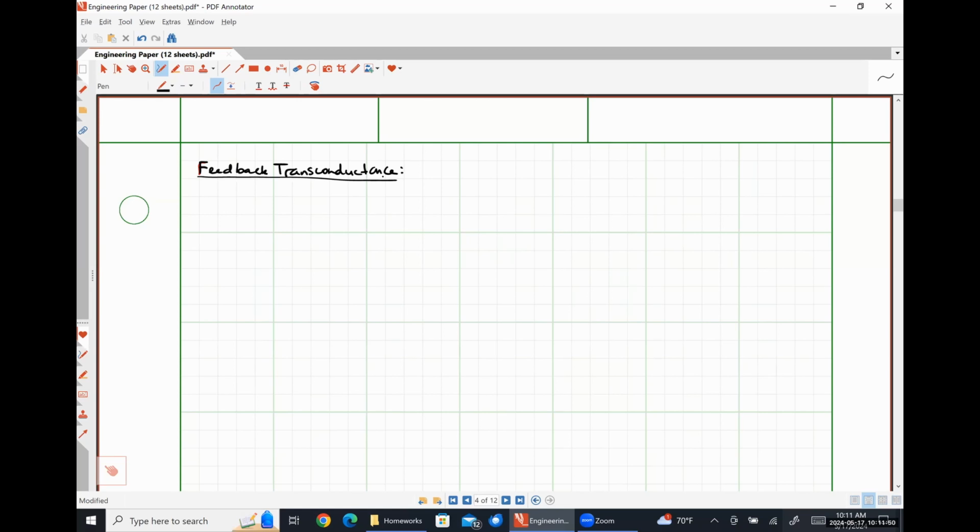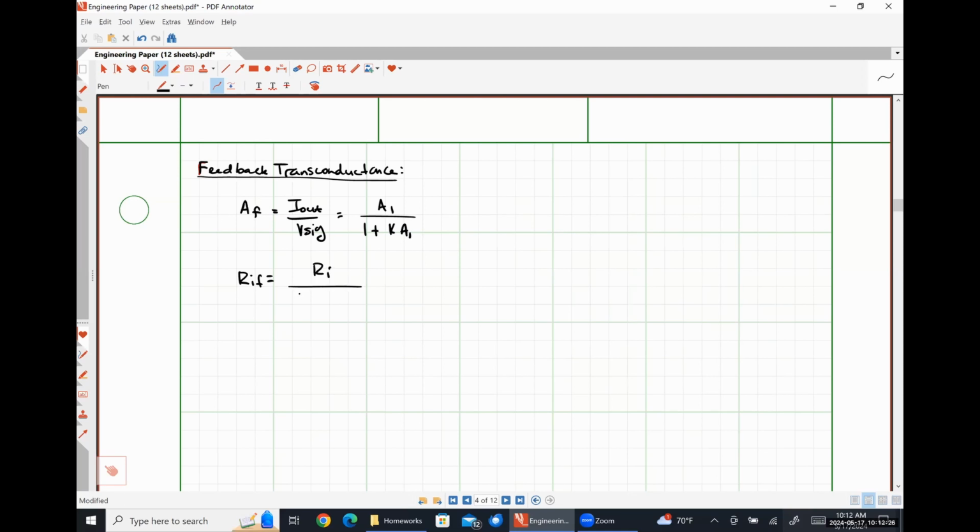It should be fairly intuitive that for a feedback transconductance amplifier, our gain with feedback is just going to be the ratio of I out over our signal input voltage, which will be simply A1 over 1 plus KA1.